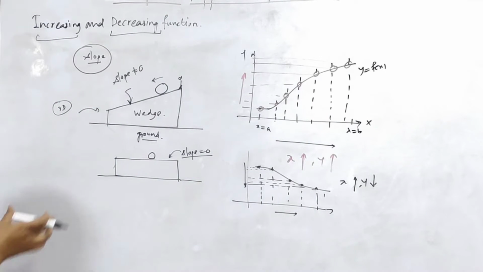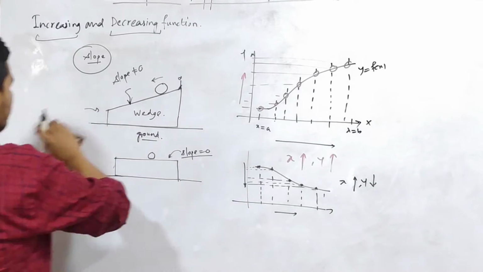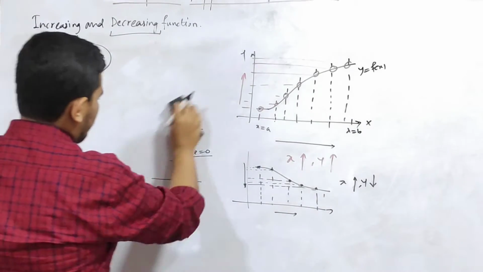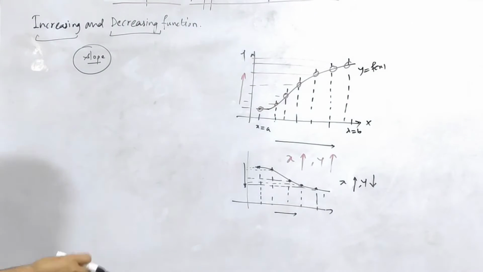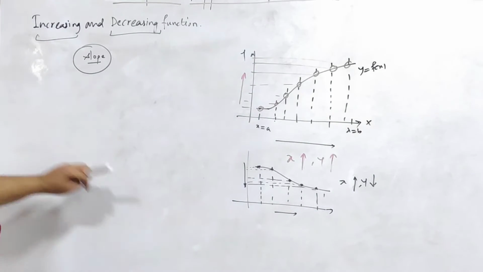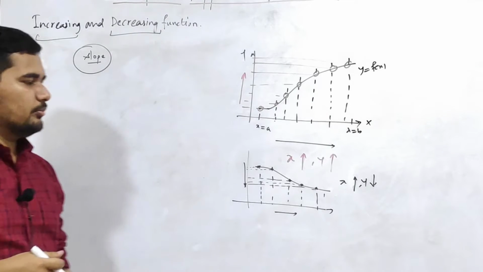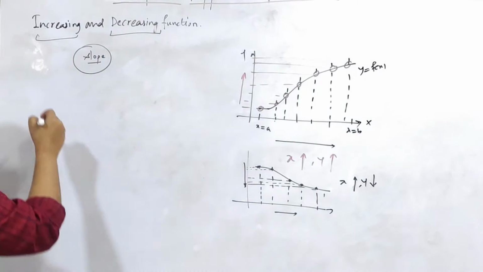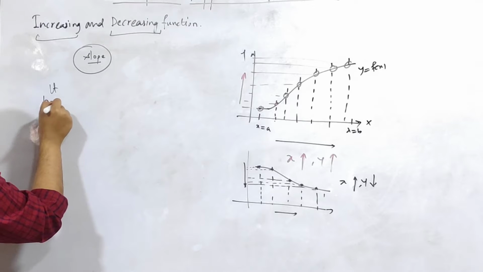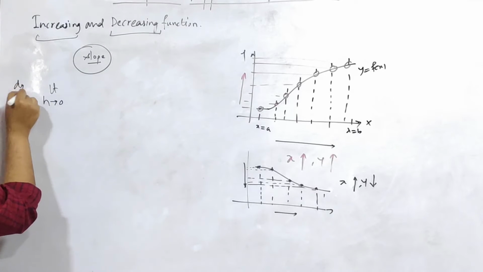This is the physical nature, but mathematically we can determine slope by using the derivative. Long before, when I taught you the concept of derivative, I discussed the basic formula of derivative.